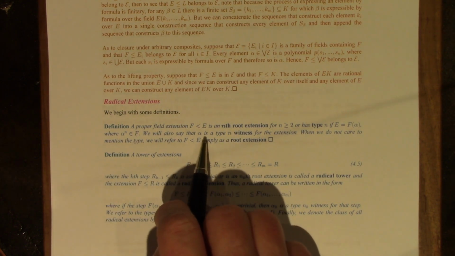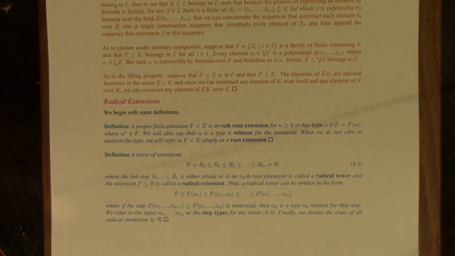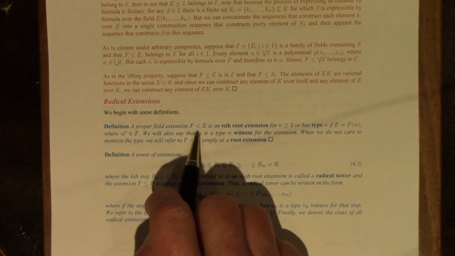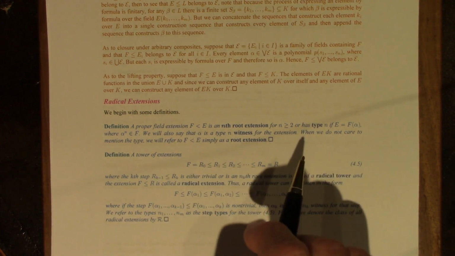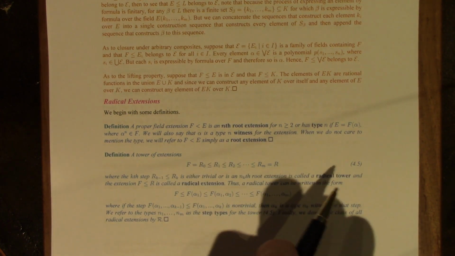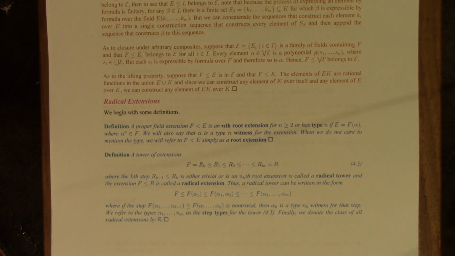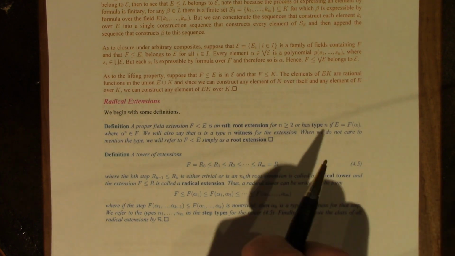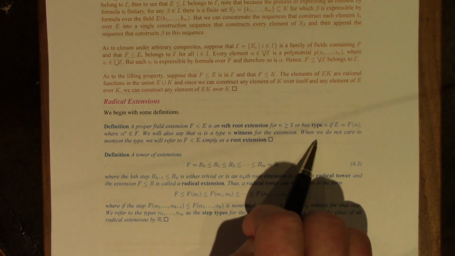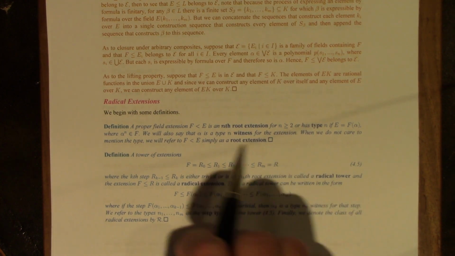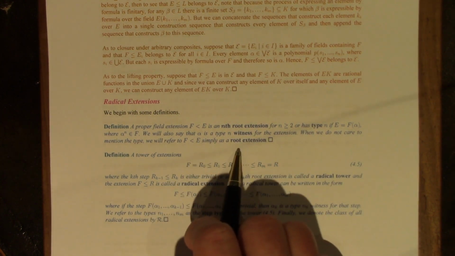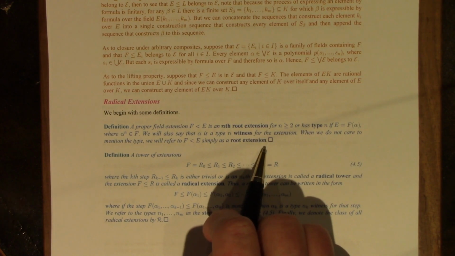And we'll also say that alpha is a type n witness for this extension E over F. So to say it's a type n witness is to say it generates E over F and its nth power falls into the base field F. When we don't care to mention the type, we'll just refer to E over F as a root extension.